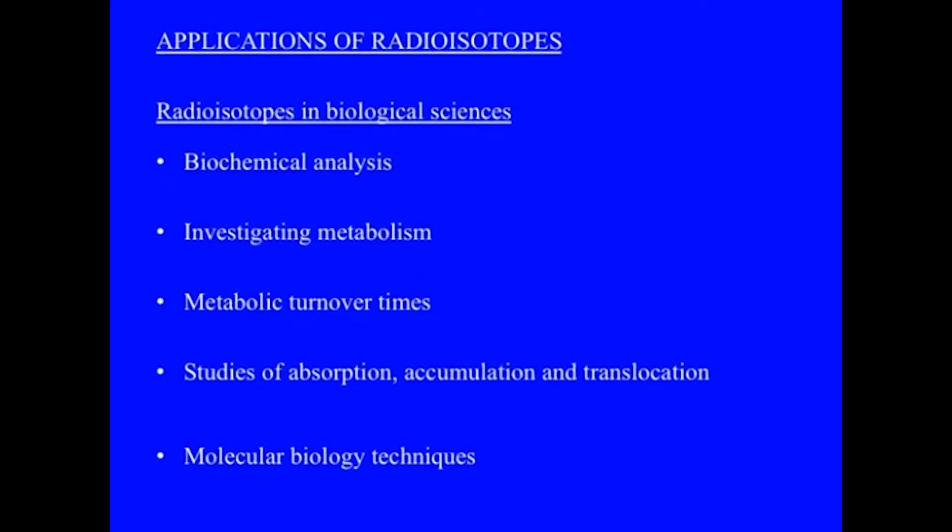What are different applications of these in biological sciences? Now, one is biochemical analysis. In biochemical analysis, you can detect presence or absence of some radioactive material when they exist in low concentration.